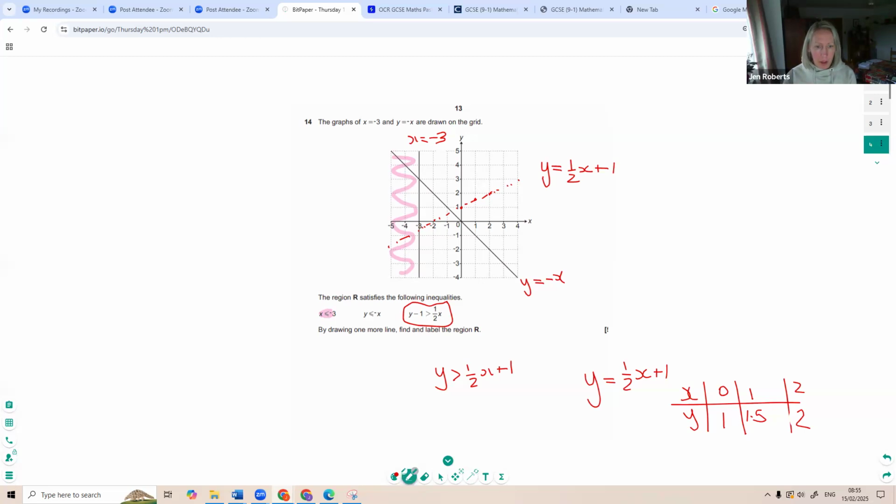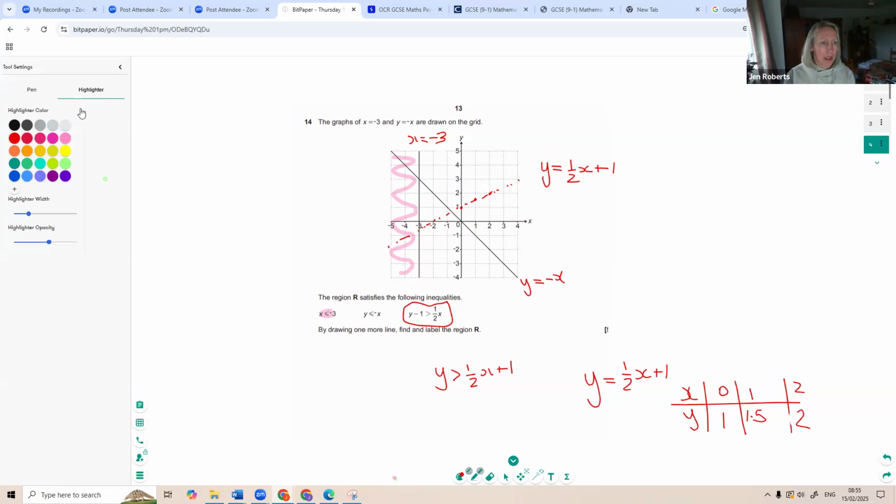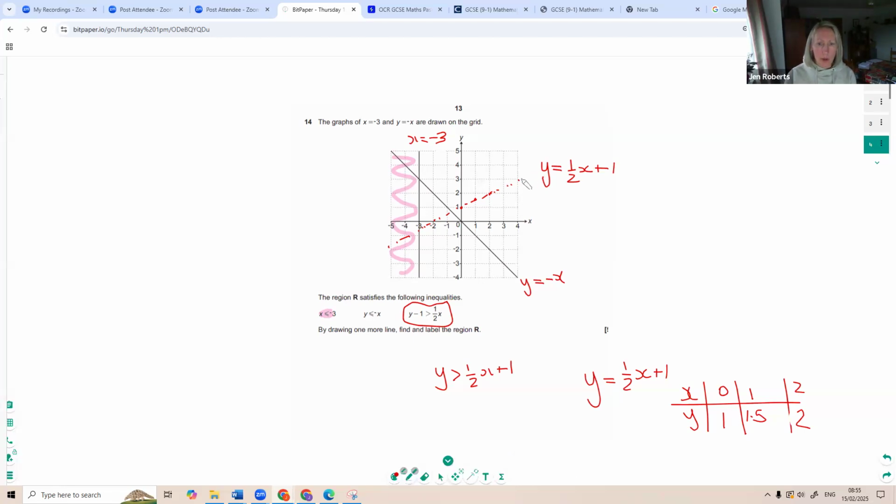Okay, next bit, we want y less than or equal to x. Get a different colour. For this one, that's y is equal to minus x, because you want it less than or equal to, it's below your line. If it was bigger than or equal, it'd be above your line. And the final colour.